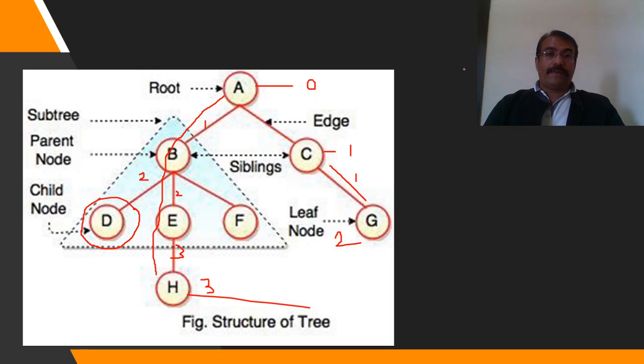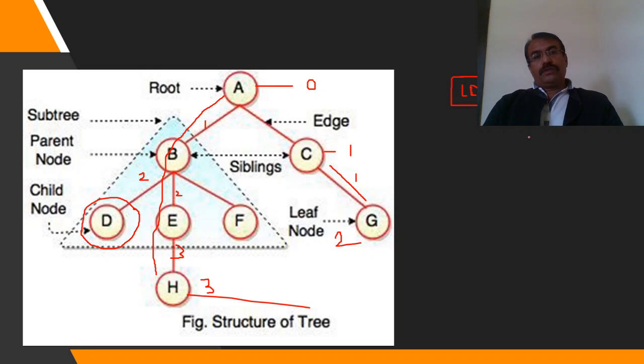What exactly happens here? How is this node represented? A node is not represented in this way. A node will be represented the way we represent a linked list, where the data will appear as one of the fields of that structure. Then we are going to have a left child and a right child.